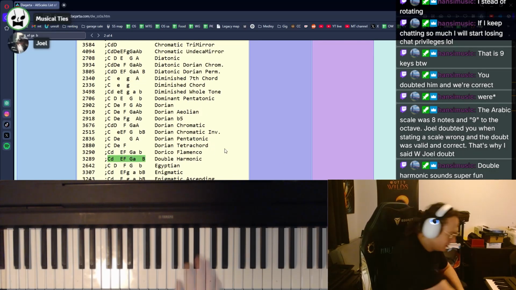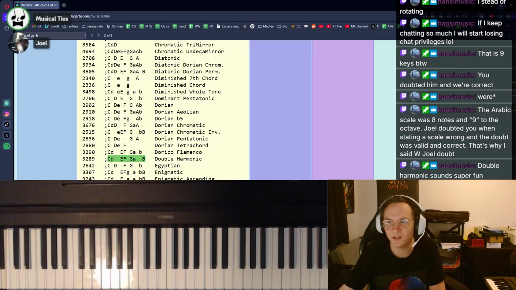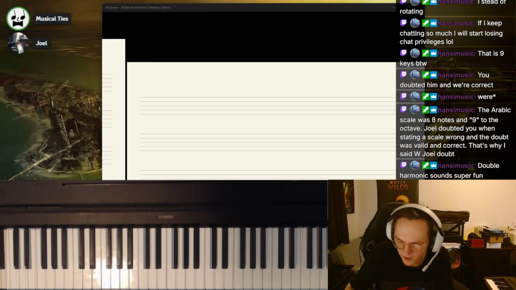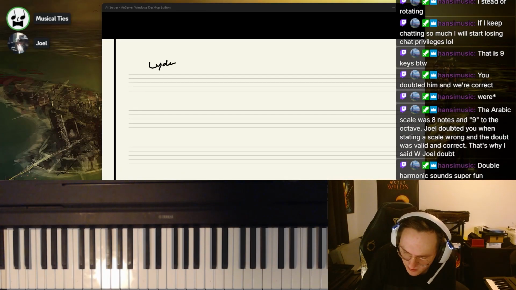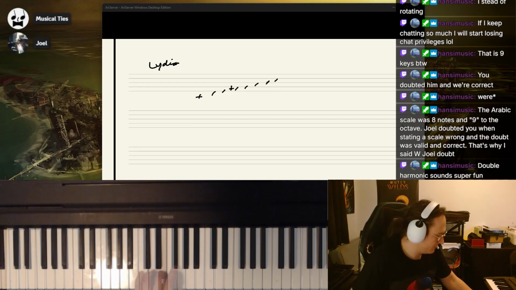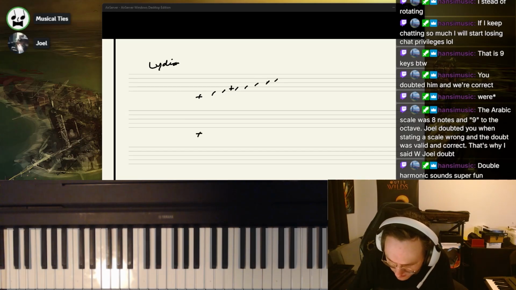So let me figure out at least Lydian. Okay, so let's just sort out Lydian. Lydian is, let's say, C, D, E, F sharp, G, A, B, C. Now, if we wanted to make it a parallel minor, it's going to be E flat, right?